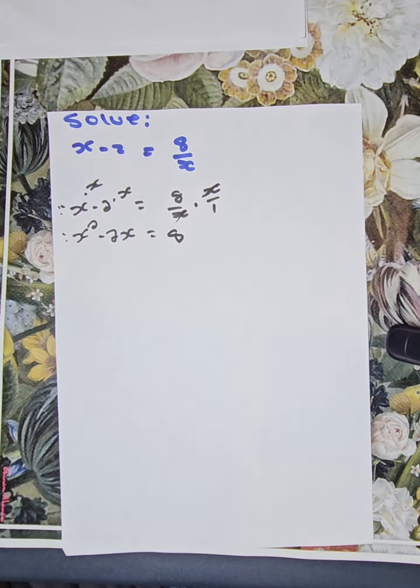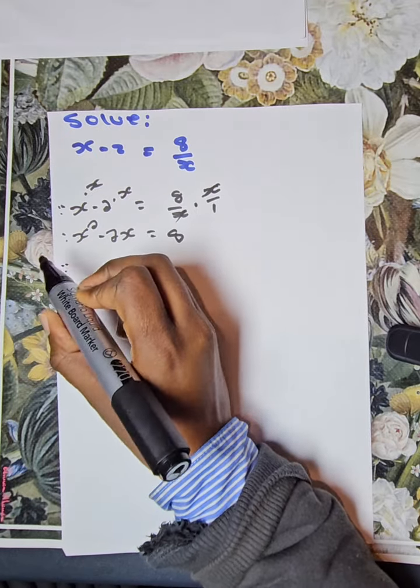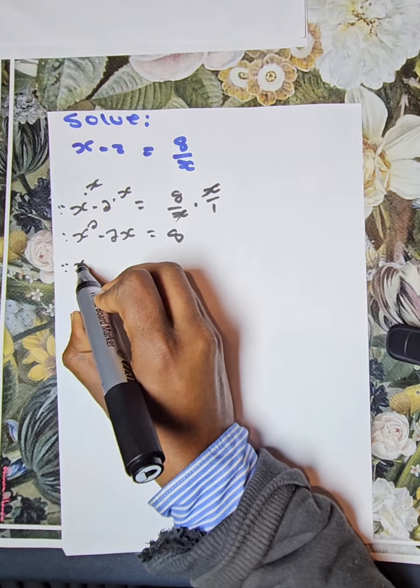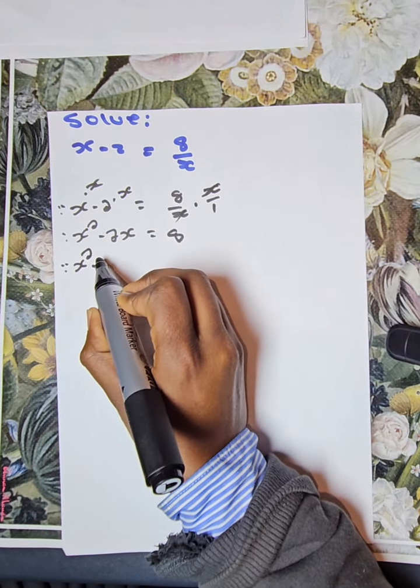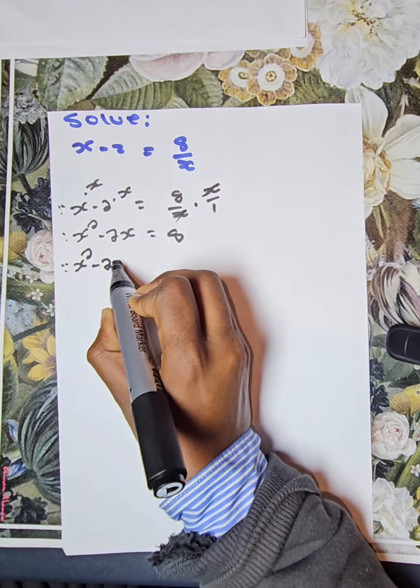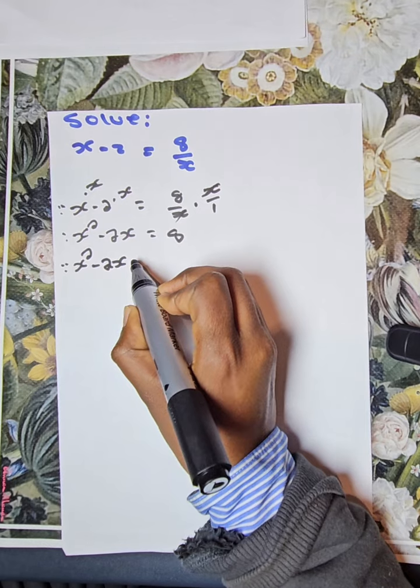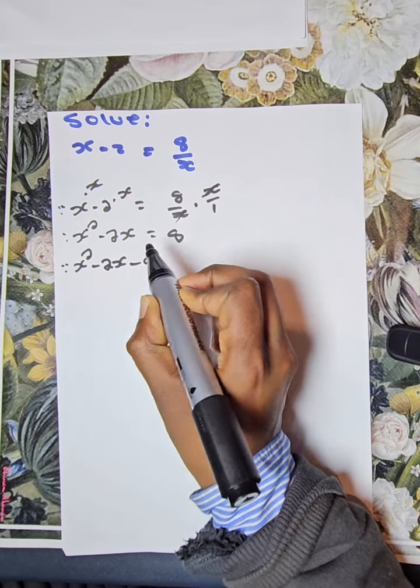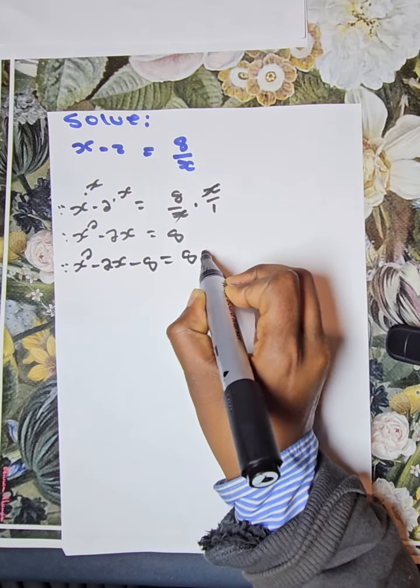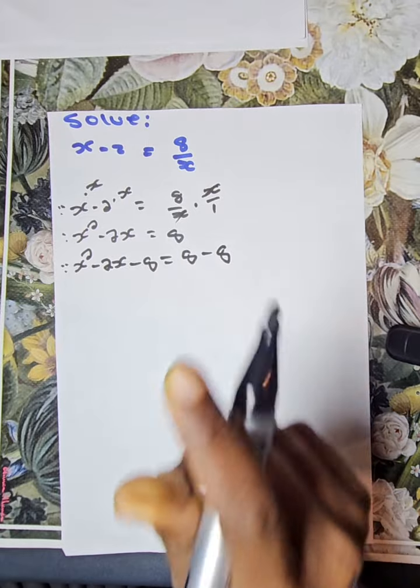Now, we see we have an equation with highest power of 2. That means we are dealing with a quadratic equation, and we need to rewrite it in standard form. Therefore, this equals 8 minus 8.